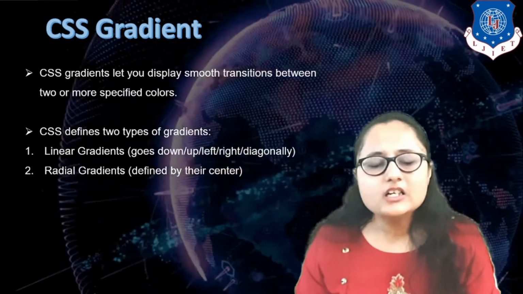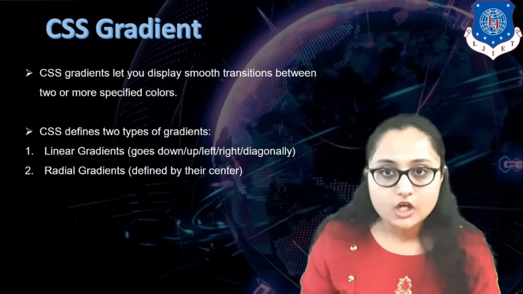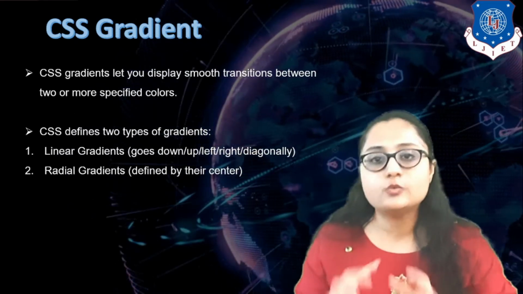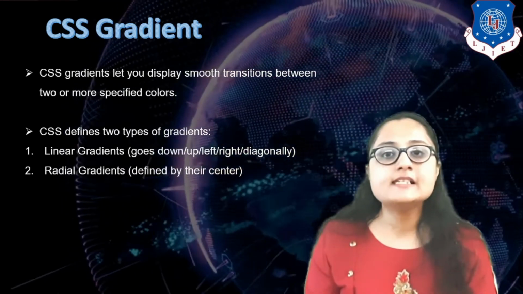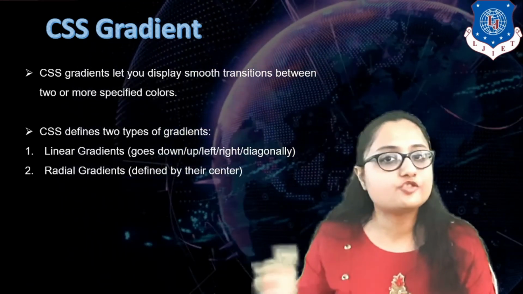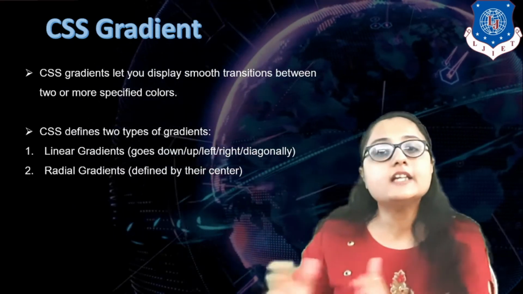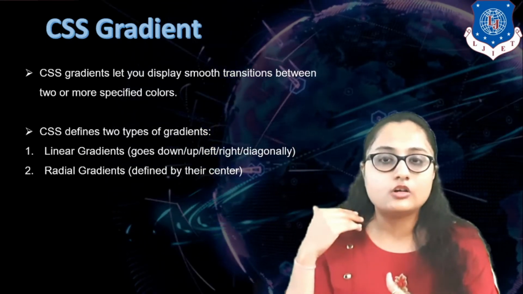Whereas radial gradient defines the gradient from the center. If you apply radial gradient, you will have an oval or a circle shape in which you can see the color transitions or color stops, whatever you have specified. Whereas in linear gradient, you can see linearly the color transitions from left to right or down to top.